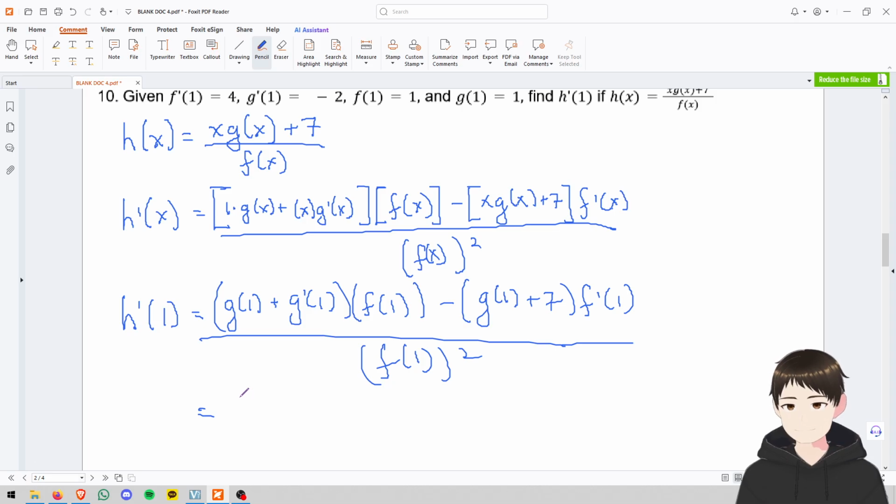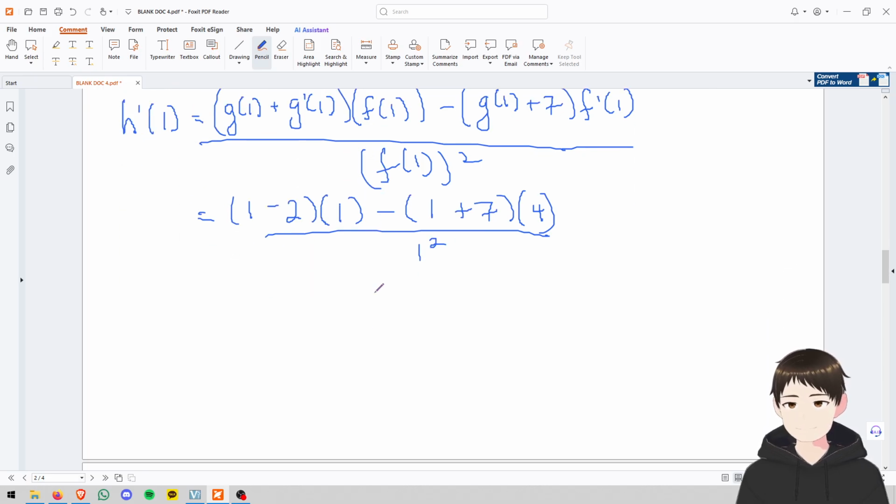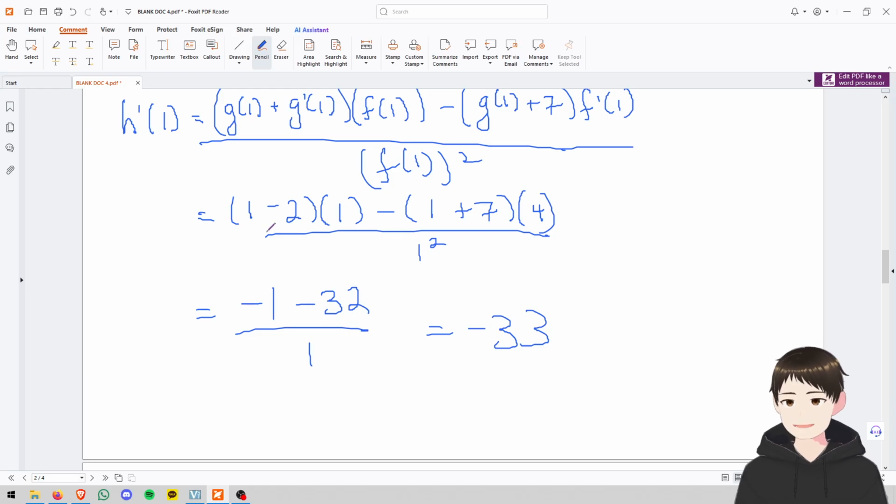G of 1 is 1. G prime of 1 is negative 2. f of 1 is 1, g of 1 is 1, plus 7 times f prime of 1, which is 4, all over f of 1, 1 squared. Simplify this, I have negative 1 times 1, negative 8 times 4, over 1. The answer should be negative 33.